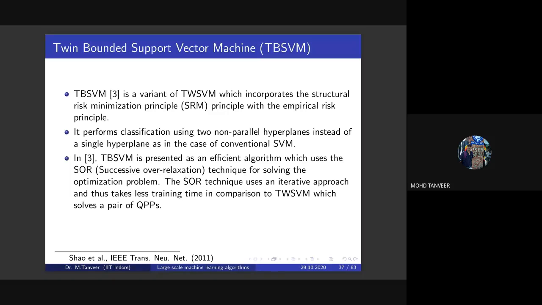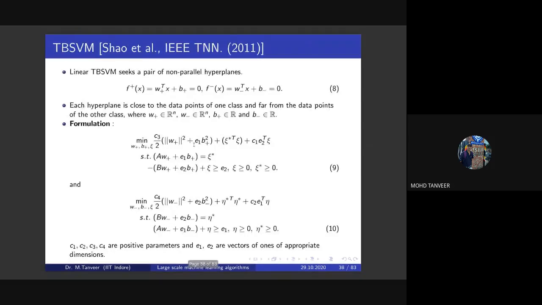They incorporate the structural risk minimization principle, meaning they introduce the concept of maximizing the margin in Twin SVM by introducing an extra regularization term in both the objective functions. Another contribution is that they present another efficient way of solving, called the SOR technique, successive over-relaxation. This is an iterative approach and takes less time, so it is more efficient than Twin SVM.